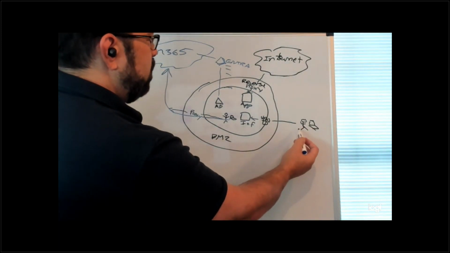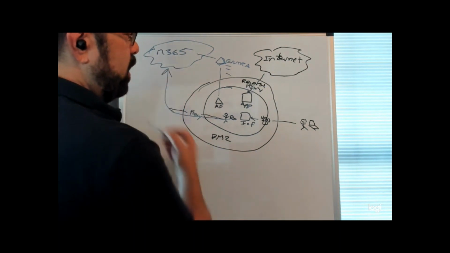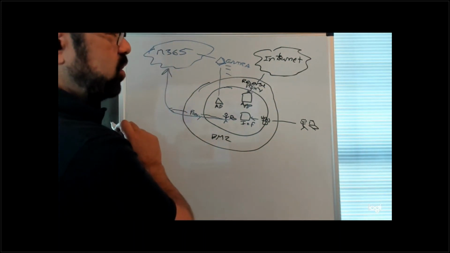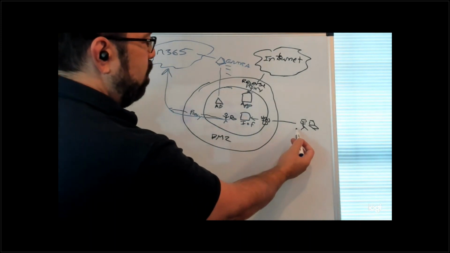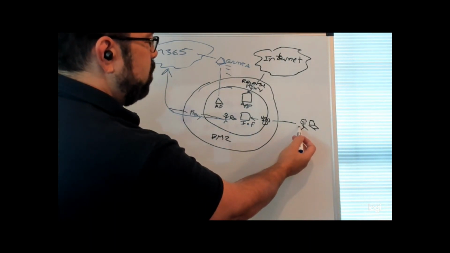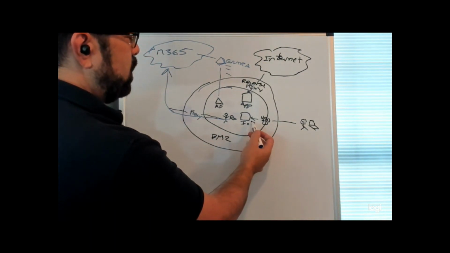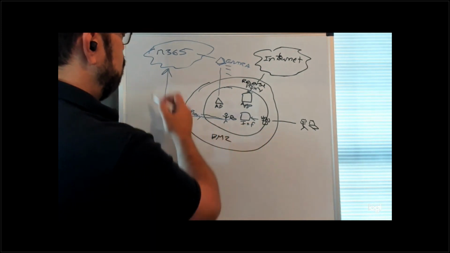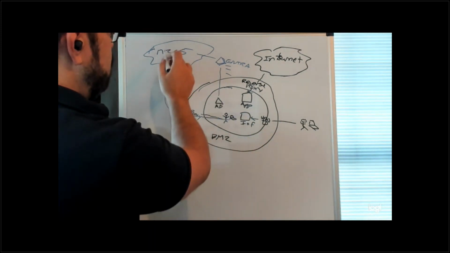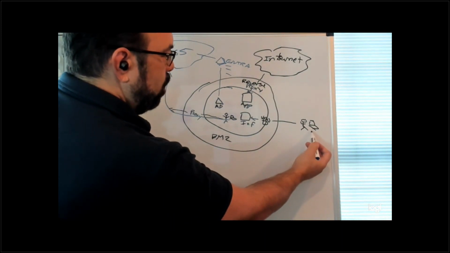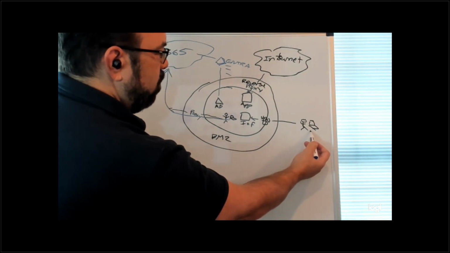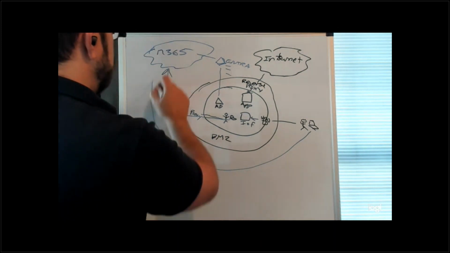And if somebody is remote and they want to get to Exchange Online or any other M365 service, then they either need to connect up to their VPN so that they can come out and connect to M365, or you need to configure some split routing so that they can just go there directly.